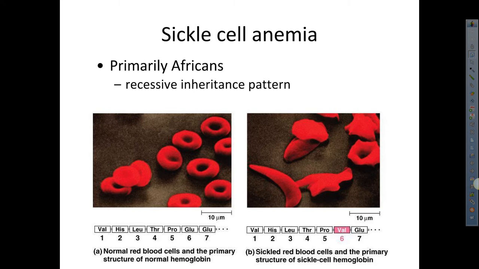And so it was really an adaptation to prevent the spread of another disease called malaria. And so malaria is frequent in these areas of Africa and Asia. And so although we did mention specifically African Americans, it does also affect people of Asian descent as well.